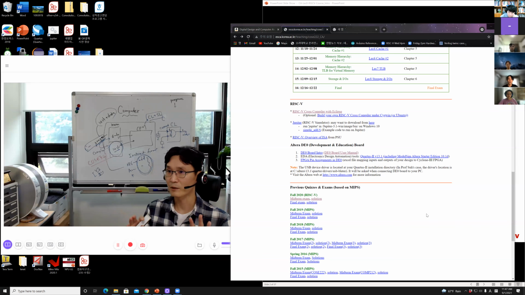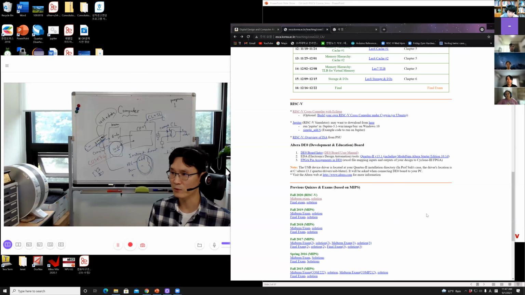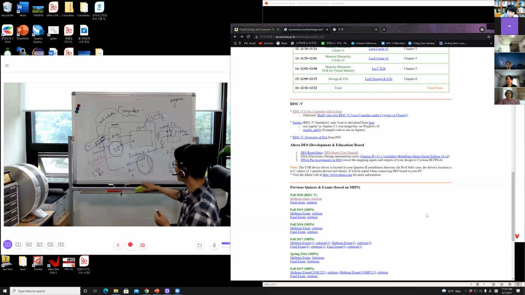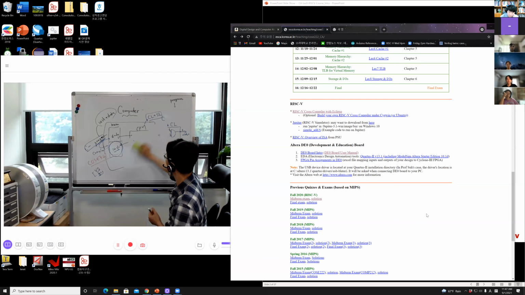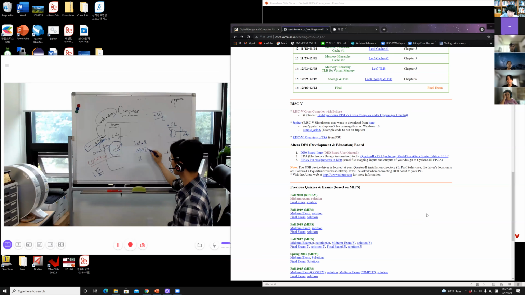Your desktop and notebook computers are all based on 64-bit Intel or AMD x86.